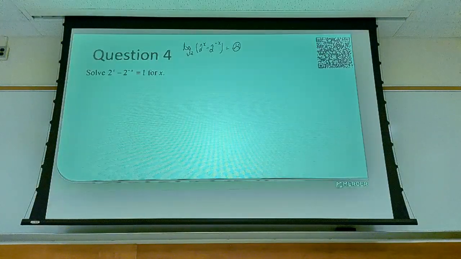Then you can use the log laws, but there is no simplification for log of a difference. So that is a problem. That's going to get us right back to where we started, by the way. Log base 2 of anything being 0 means that whatever you're taking log of has to be 1, which gets us right back to the original equation.